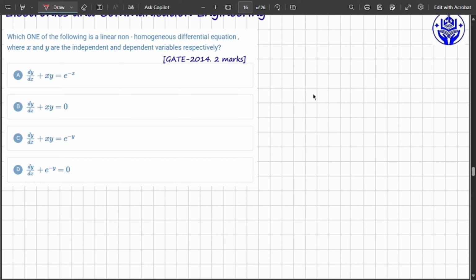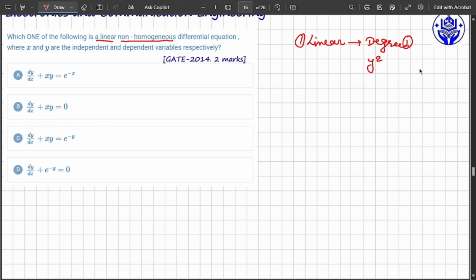So the next question is again from 2014. Which one of the following is a non-linear, non-homogeneous differential equation? There are two concepts. One is linear. Linear means the degree of that differential equation must be 1. There is no y square term.